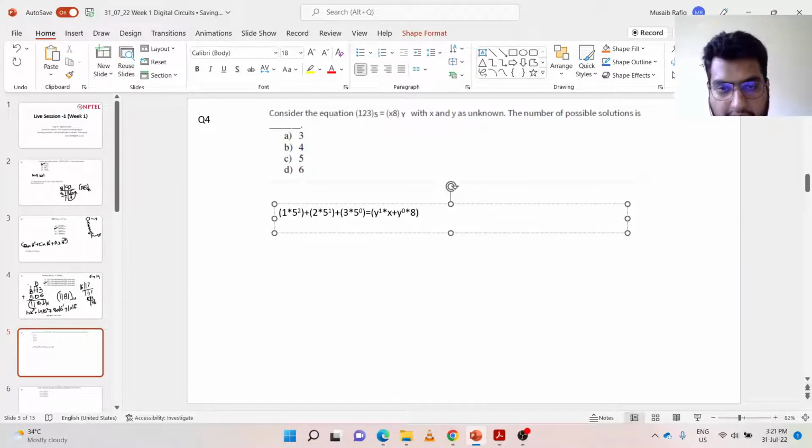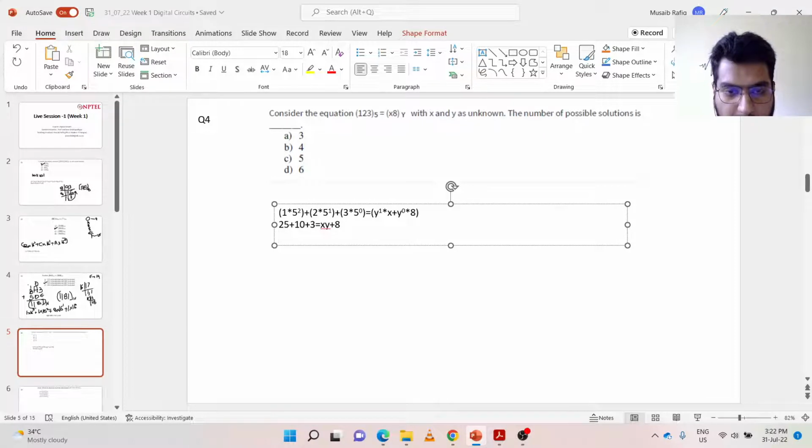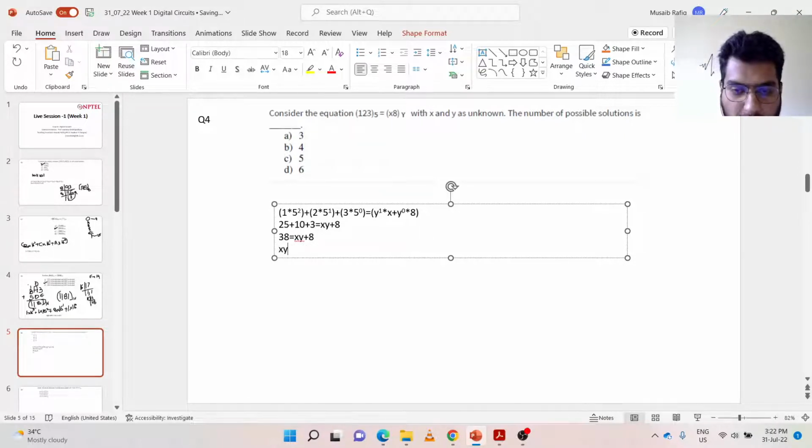So when you evaluate it, it is 25 plus this is 10 plus 3 equal to this is xy plus 8. So the left hand side comes out to be 25 plus 10 is 35 plus 3 is 38 equal to xy plus 8, and the final equation comes out to be xy is equal to 30.